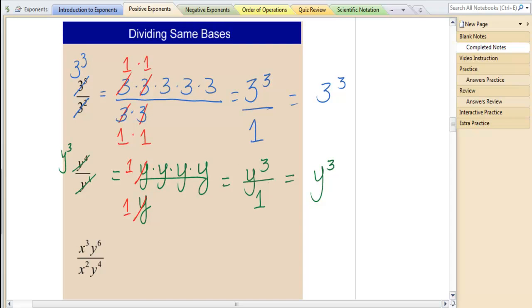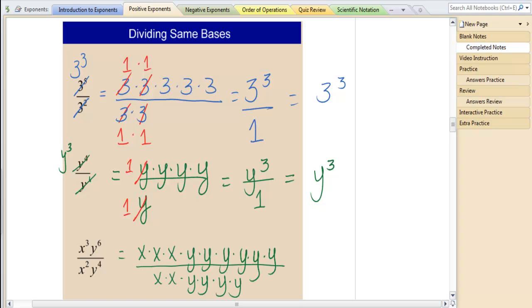I want you to write everything out, do your canceling, and then see if you can figure out what it equals when you simplify. And then we're going to talk about the property beneath it. So I ended up with the 3 x's, the 6 y's in the numerator, the 2 x's and the 4 y's in the denominator, and I'm going to cancel x's to equal 1.